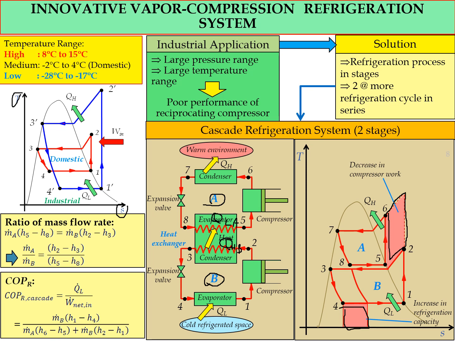And the coefficient of performance of the cascade refrigeration is equal to QL divided by work net in, and it is equal to M dot B times in the bracket H1 minus H4, divided by M dot A in the bracket times H6 minus H5 plus M dot B times in the bracket H2 minus H1.